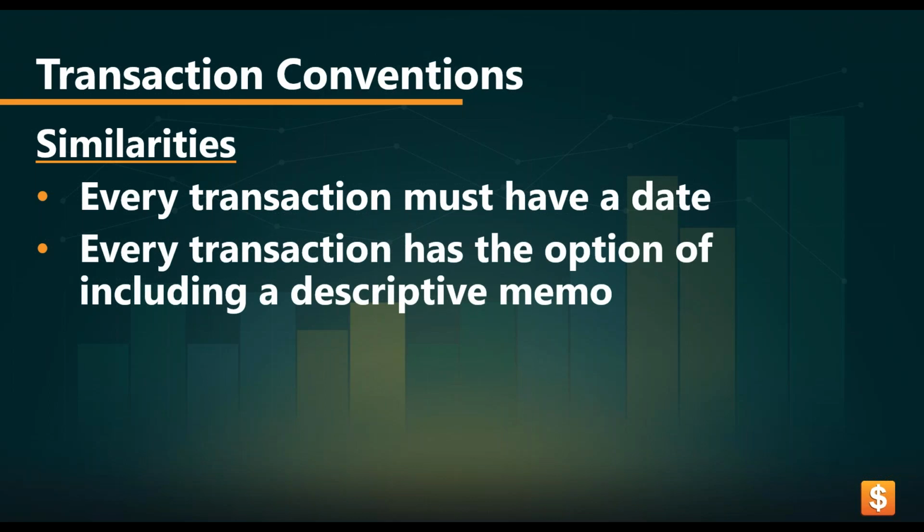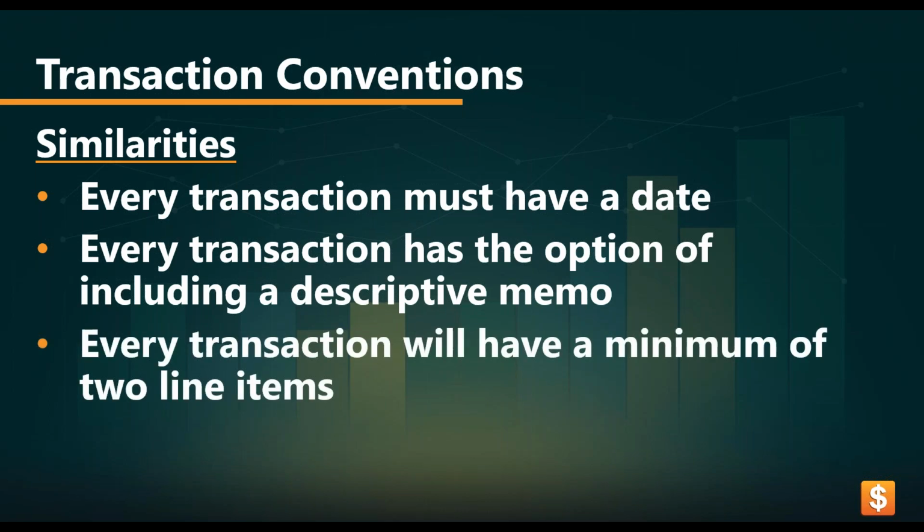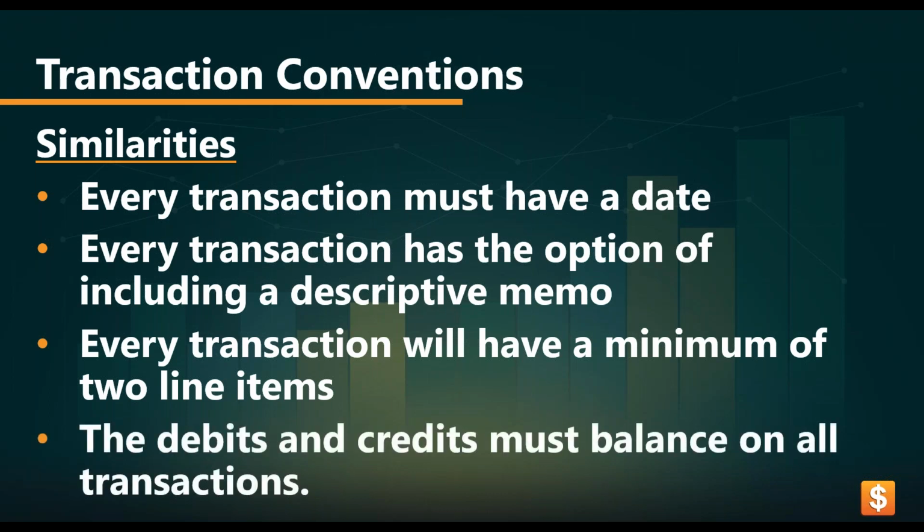We do use the dual entry bookkeeping system, so every single account will belong to a book, and every single transaction will contain 2 lines, one for the debit and the other for a credit. So it will always have at least 2 line items, and those debits and credits, in order for the transaction to be saved, are going to have to balance out naturally.